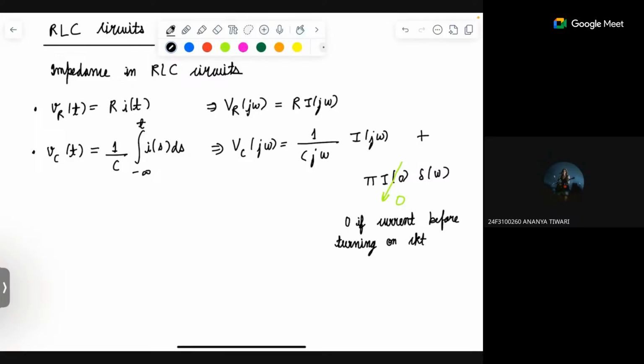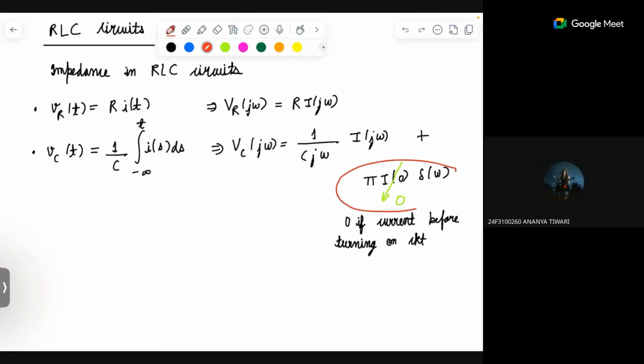What I want to say is that before we turn on the circuit, the current is zero. It flows only after the circuit is turned on.